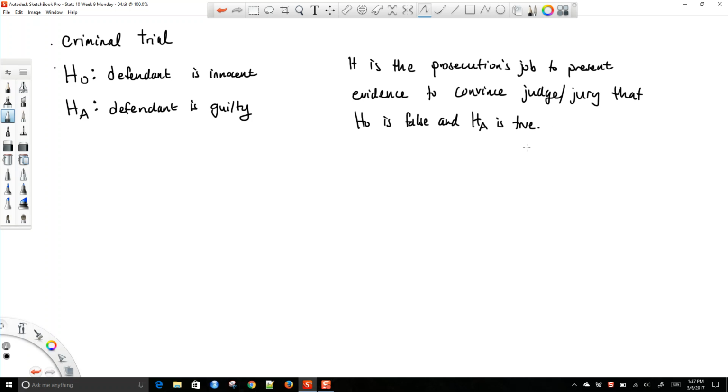And if the prosecution doesn't have enough evidence, then the case will be dismissed, right?